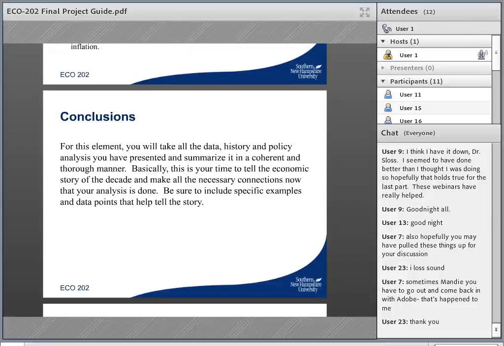So make sure when you're including examples that you're including examples of the policy and the events and also the actual numbers. So if it's that GDP had unprecedented growth, give those numbers. If it's that unemployment reached an all-time high in this year, say what it was and say what year it was. So use those sorts of specific data points that really highlight the major economic swings throughout your 10-year period.